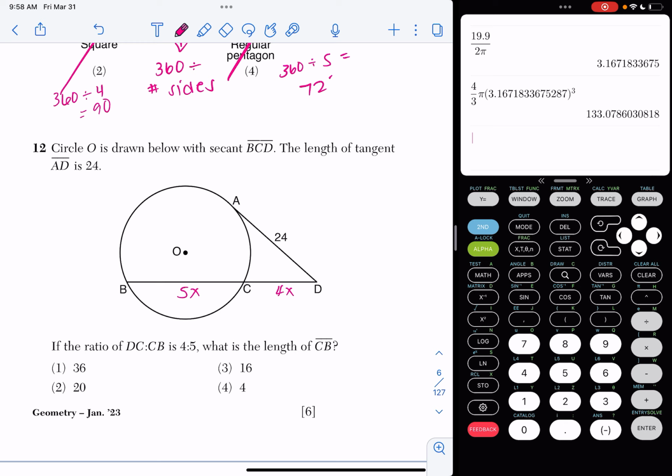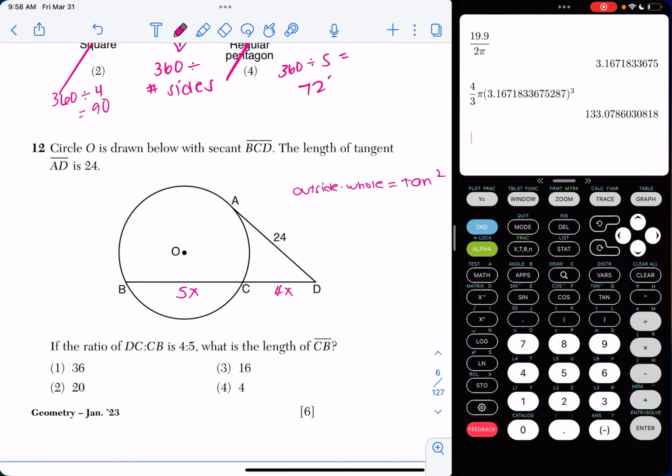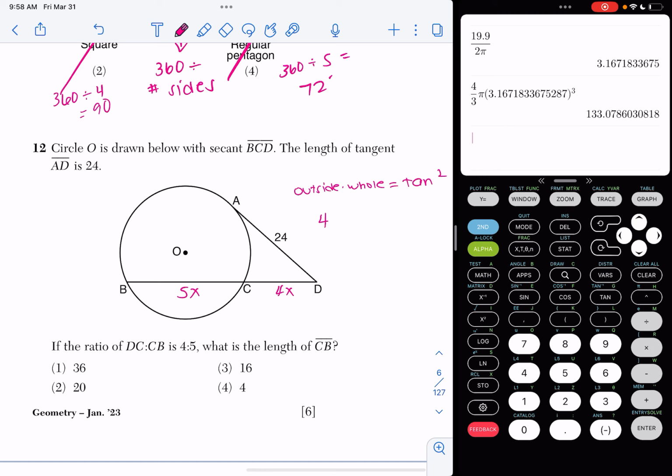So the rule for when you have a secant and a tangent and you're looking for length is the outside times the whole equals the tangent squared. The outside means the part of the secant that is outside the circle, so that's 4x. The whole means the length of the whole entire secant. All of this, we'll add that up and we get 9x.